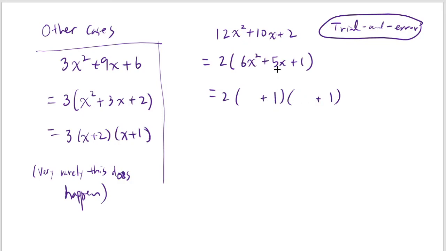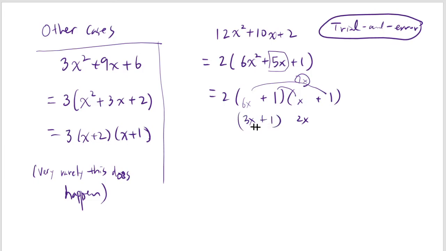And then you have the 6x squared. To create 6x squared, either it's 6x and x, or 3x and 2x. So you try both. If it's 6x and x, then you get 1x and 6x, so you're going to get 7x if you add them together, right? 1x plus 6x is 7x, but you have 5x here, so that doesn't work.